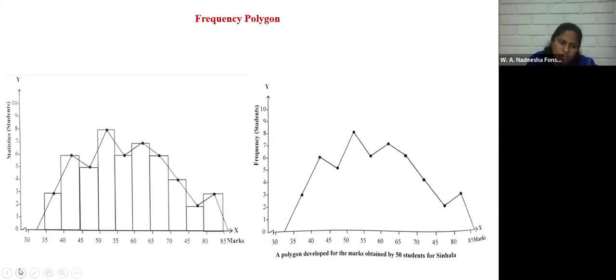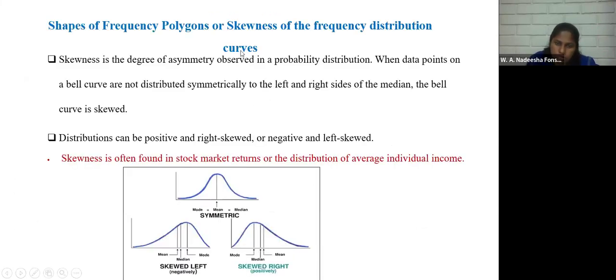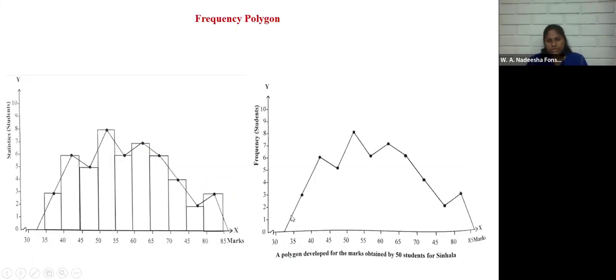And another one is the frequency distribution curve. Here, the shapes of frequency polygons and skewness. Now you can see the frequency polygon here.